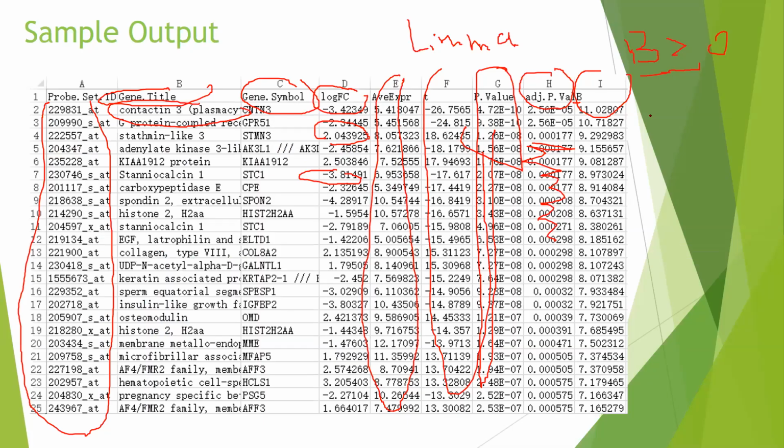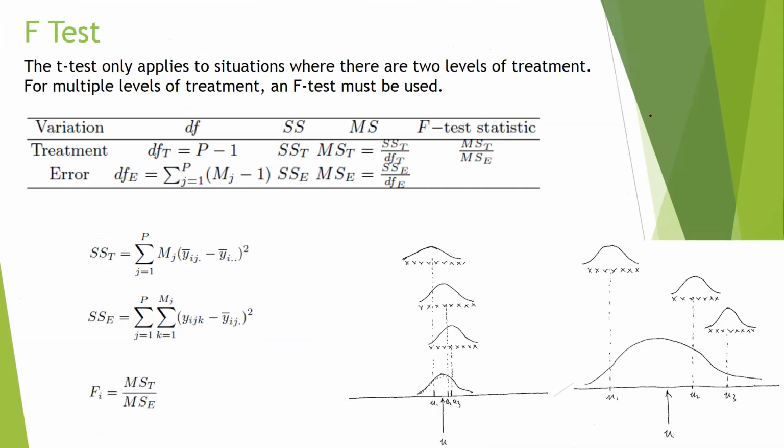All right. Here, I just give you an example showing how you can identify the differentially expressed genes between two groups, A and B, or the control and the treatment, the case and control.